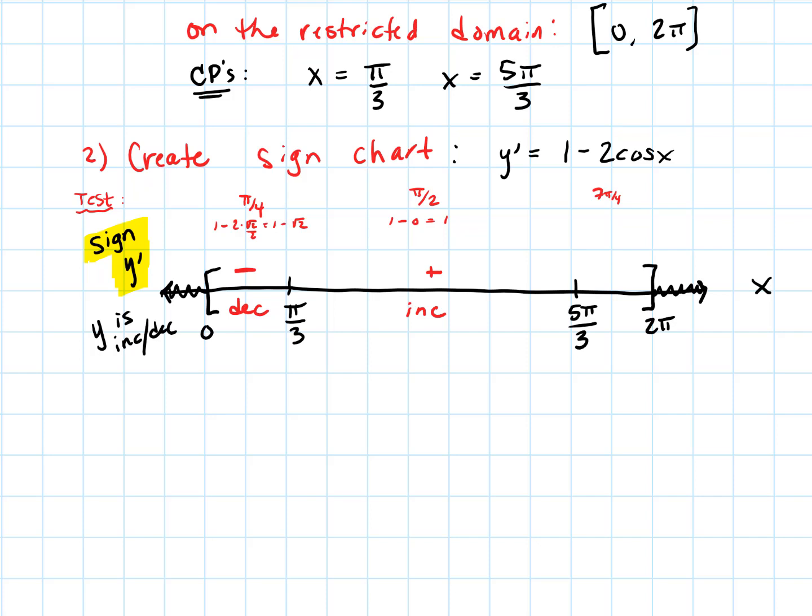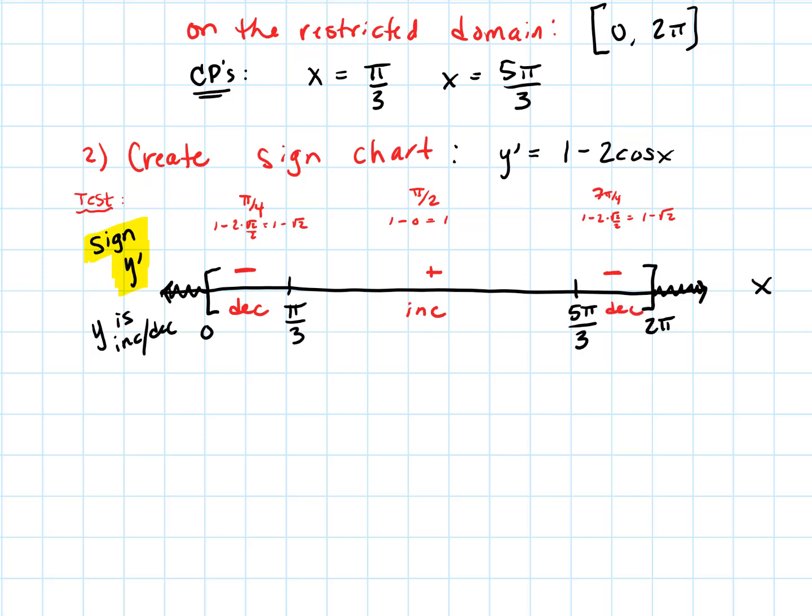Then I pick something like 7 pi over 4 on this last interval. If I plug in 7 pi over 4, it's actually going to be the same as what we had at pi over 4. 1 minus 2 times the cosine of 7 pi over 4, which is positive root 2 over 2, so I end up with 1 minus root 2 here, and that of course is negative. So we are decreasing again on that interval.